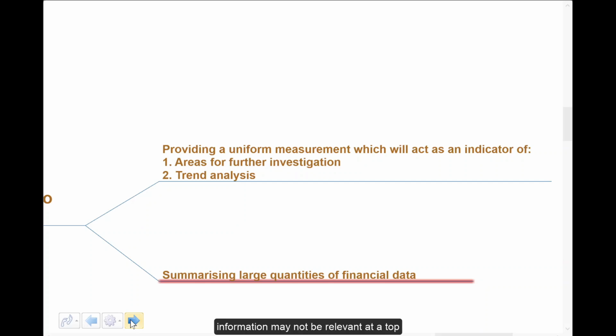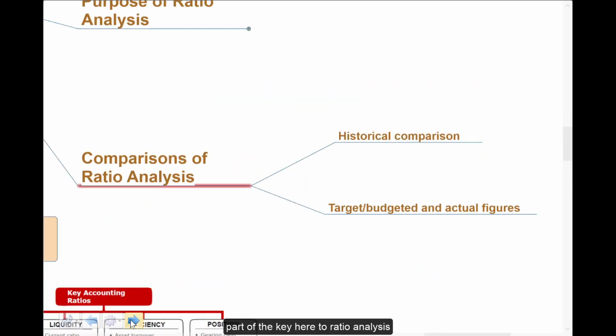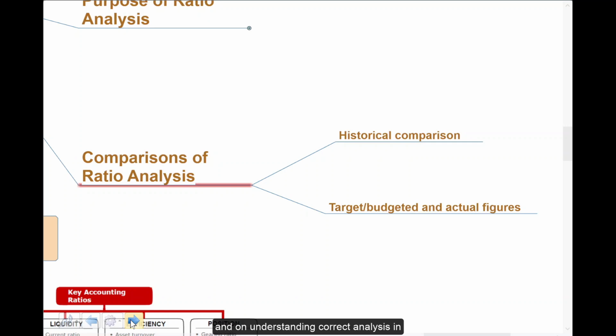Some information may not be relevant at a top end level. So for example, the amount spent on stationery, which is broadly stable year on year, is not overly important to prospective investors. So summarizing information is certainly one part of the key to ratio analysis and understanding ratio analysis.